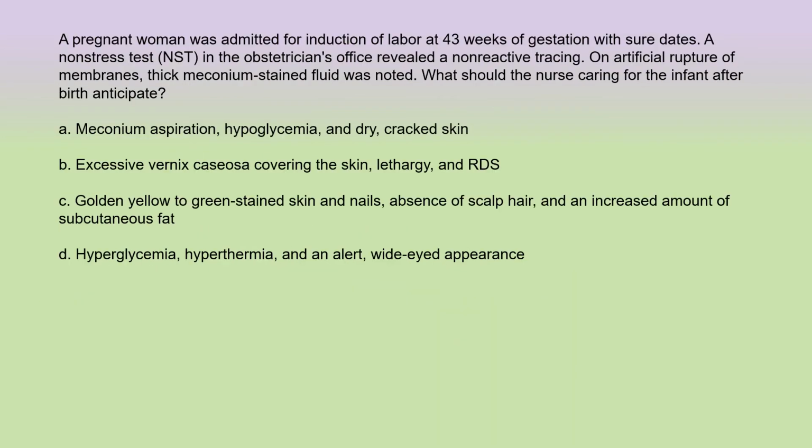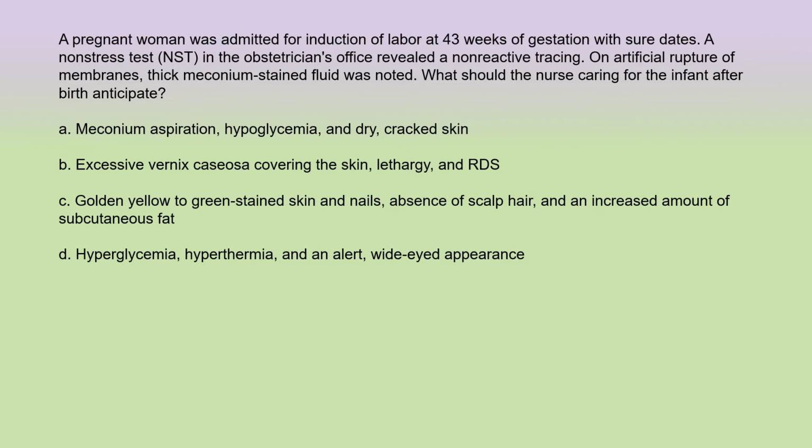A pregnant woman was admitted for induction of labor at 43 weeks of gestation with sure dates. A non-stress test, NST, in the obstetrician's office revealed a non-reactive tracing. On artificial rupture of membranes, thick meconium-stained fluid was noted. What should the nurse caring for the infant after birth anticipate?